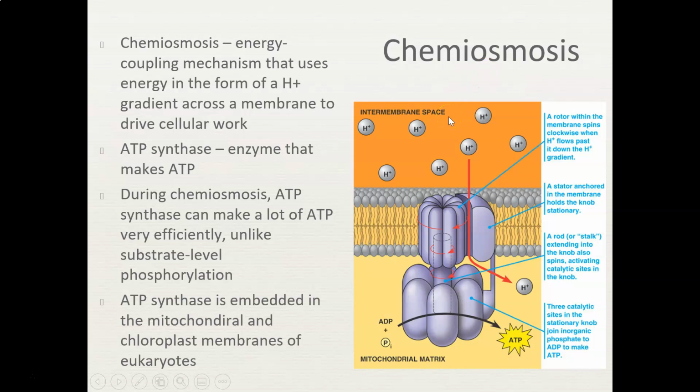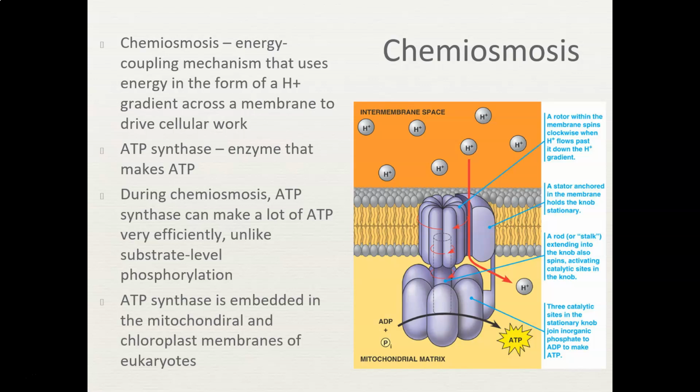What chemoosmosis is going to do now is couple that proton motive force that we have created. The only place the H pluses are going to be able to diffuse back into the mitochondrial matrix, so go from where they're high to where they're low, is through this ATP synthase, this enzyme protein complex that's sitting in this membrane.